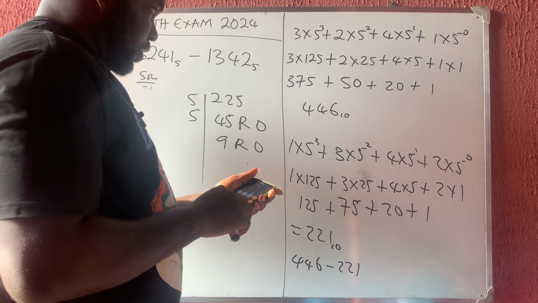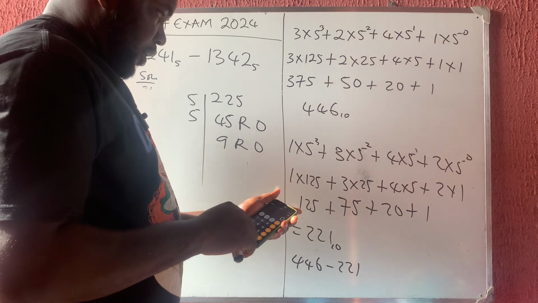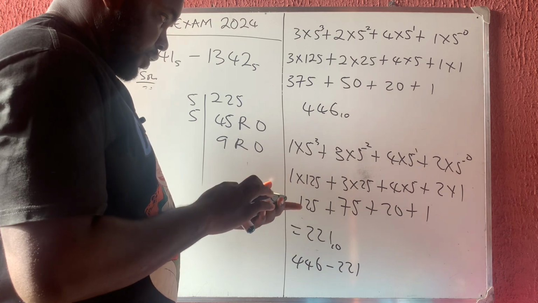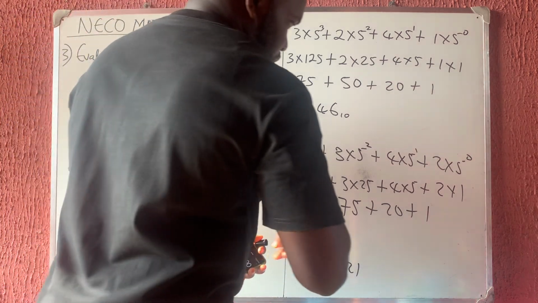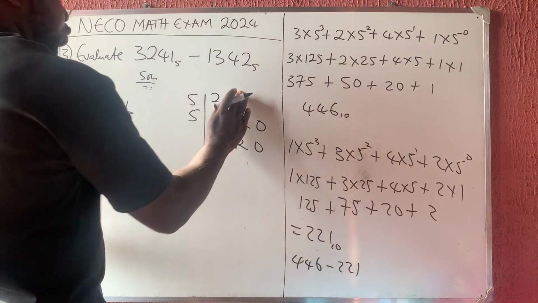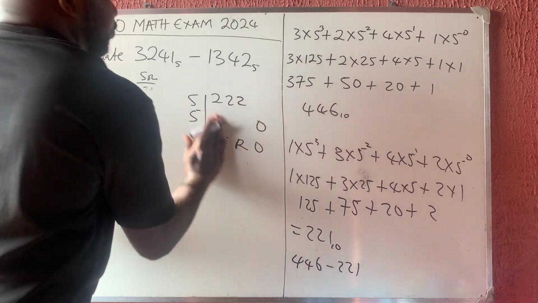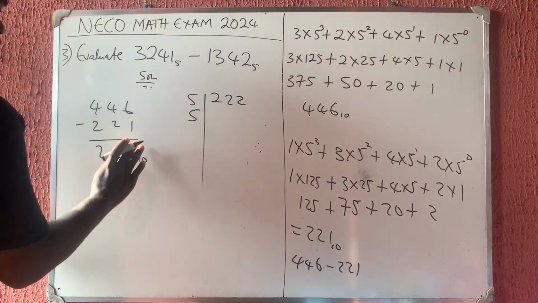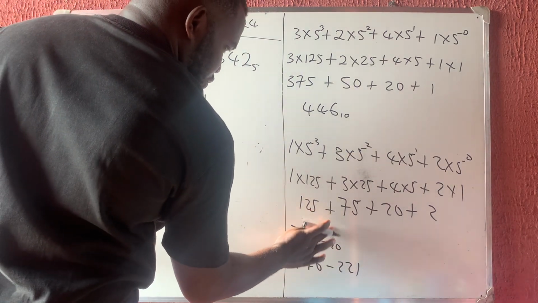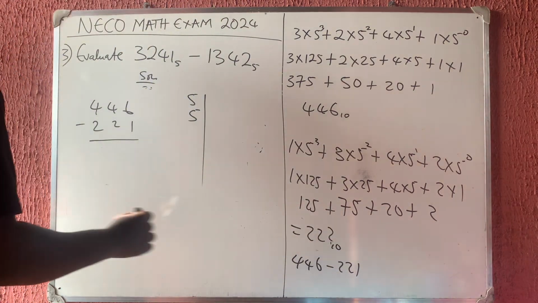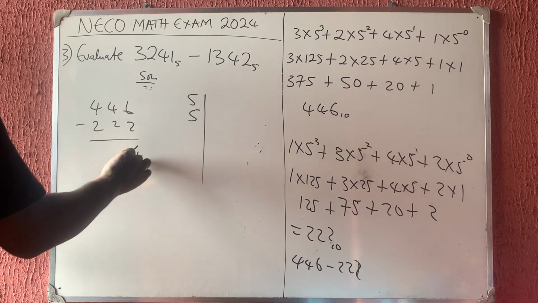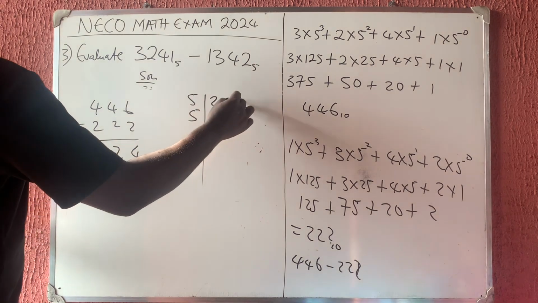This is 125 plus 75 plus, okay, this is 22, not 21, sorry, this is 2 here, so I have 22. So I'm having 222, not 221. So if you subtract 446 minus 222, this minus this is 4, 2, 2. So this is 224, not 225.